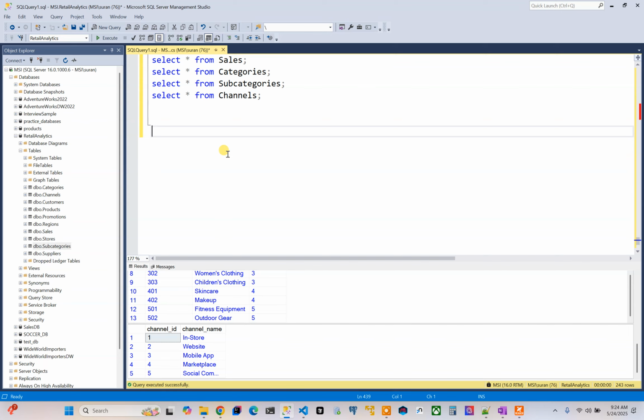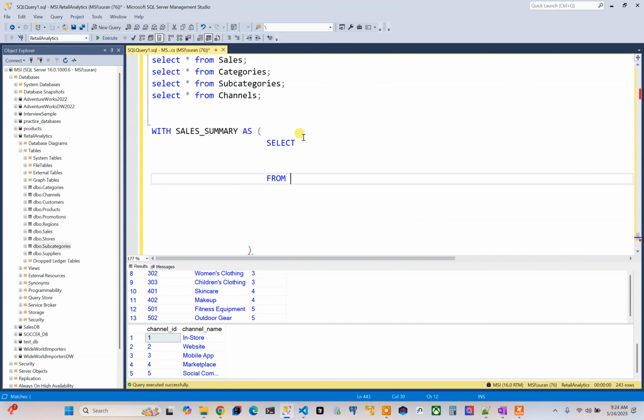So let us write a SQL query: with sales summary as. We will first start from the sales table.